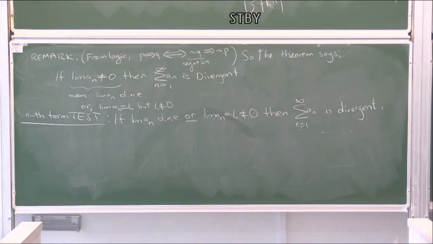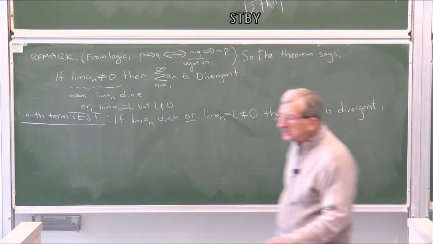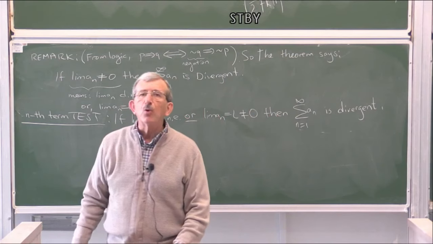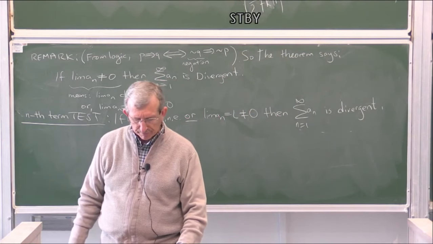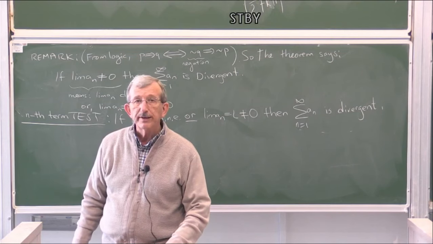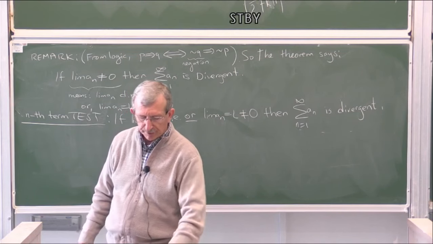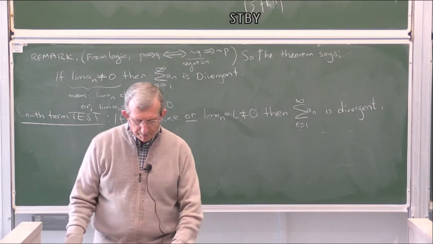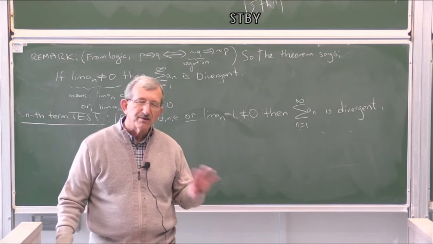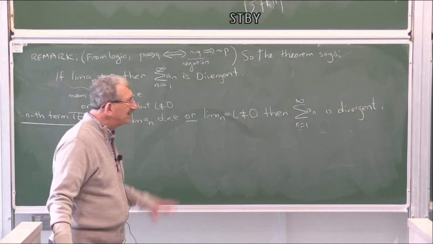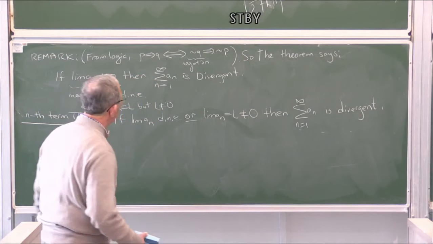Well, this is a test which is one way. That is, it only tells us that a series is divergent. Never does it say it's convergent. So before we write these comments, let us see some examples.